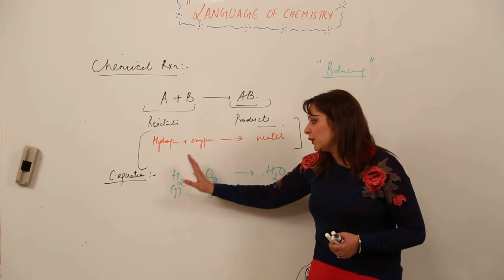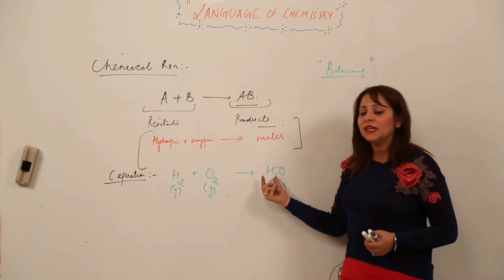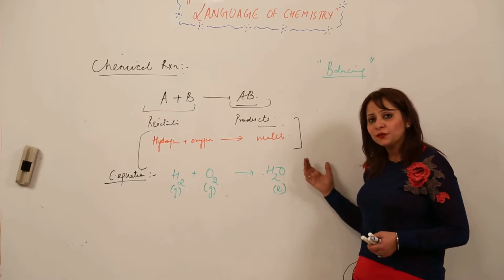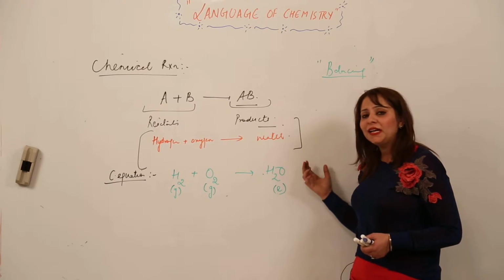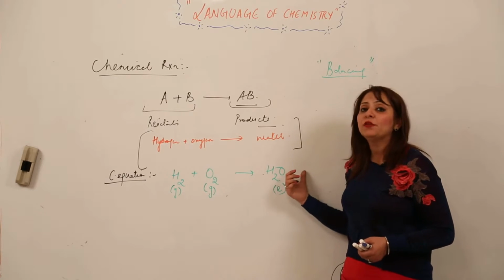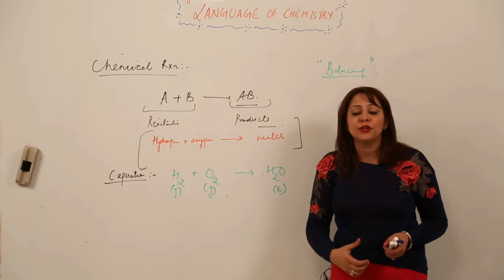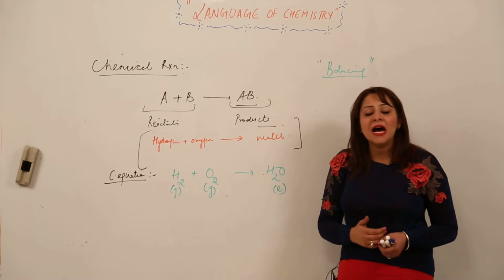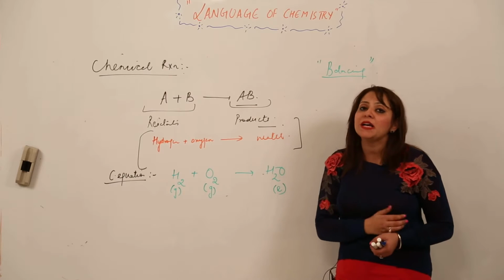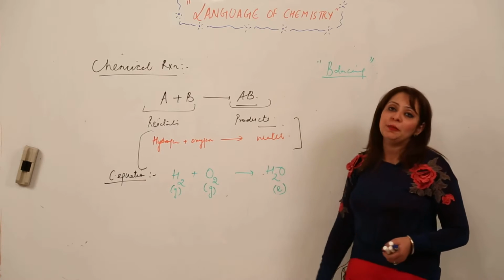But on the right side, we have two hydrogen atoms and one oxygen atom. Does it obey that law? No, it doesn't, because the right side is deprived of one oxygen atom. So this equation needs to be balanced, because according to the law of conservation of mass, the matter is going to remain the same. So for this we need balancing, right?